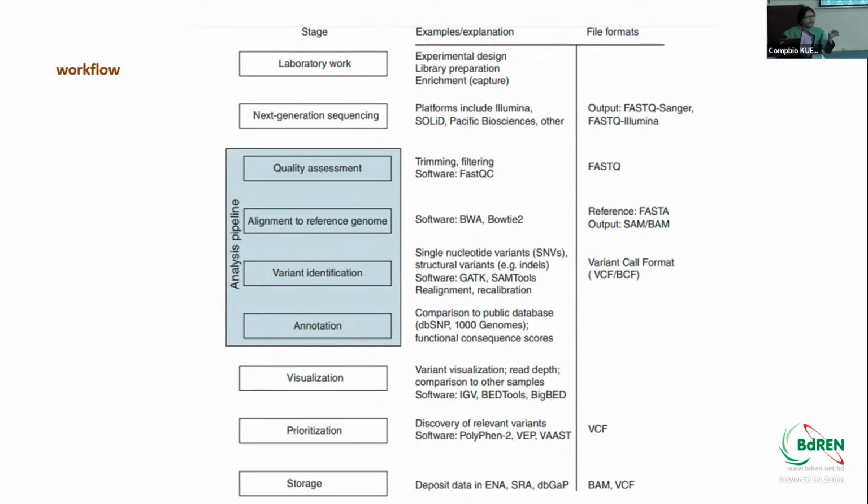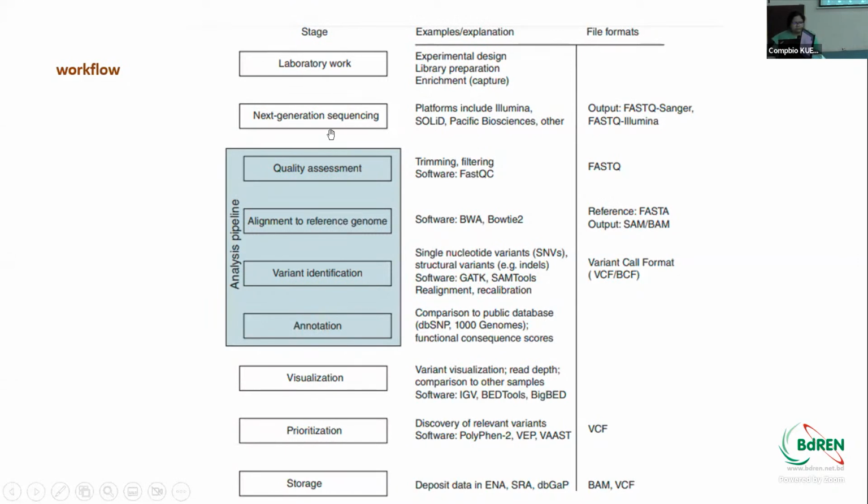That's a kind of enrichment. So when preparing the DNA for genome sequencing, we do PCR in most cases, so that we are targeting the specific regions.